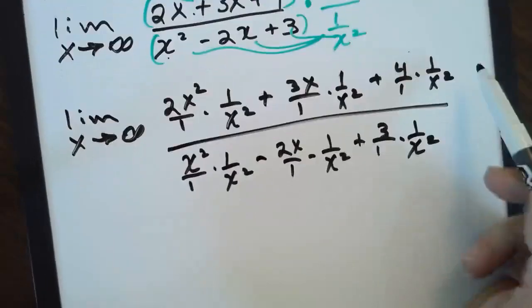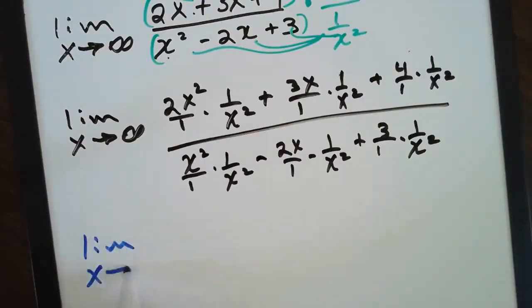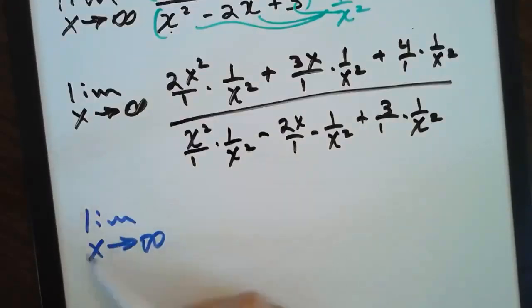All this can be combined into the limit as x approaches infinity. You always want to write this limit for each problem until you actually substitute, so we're going to do that in every step.